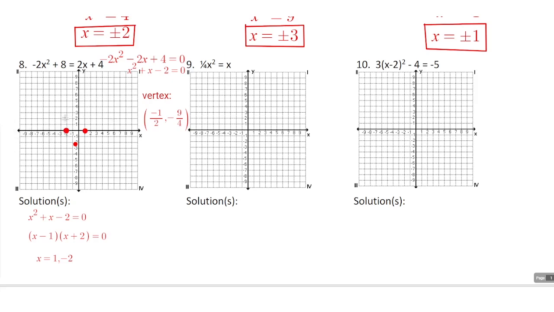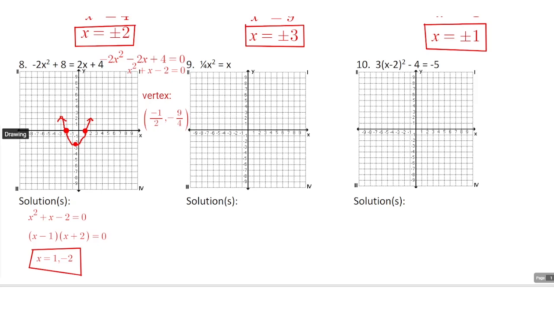So our parabola is going to look like this. You know, something roughly like that. All right, there's number 8. Kind of wish I gave you a little bit more space to do all this scratch work, but I think we'll be okay. Number 9.